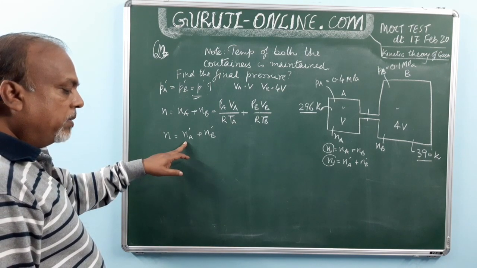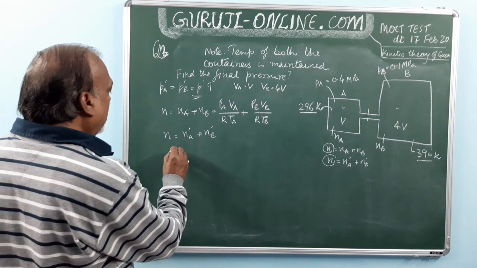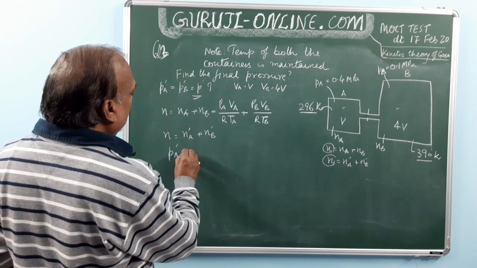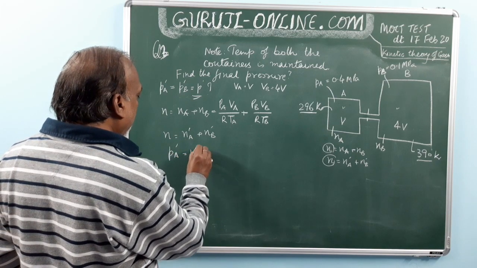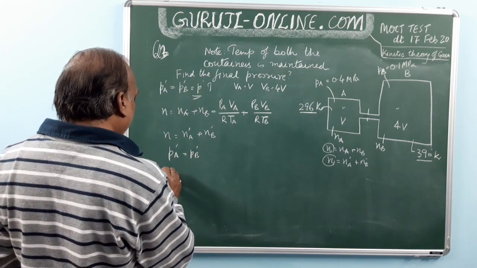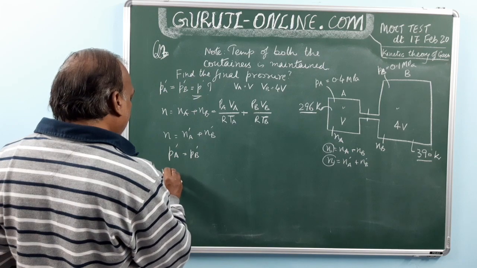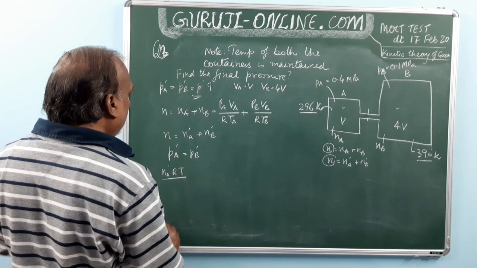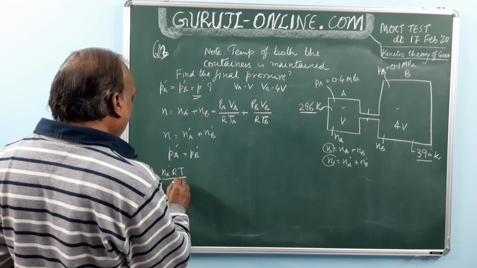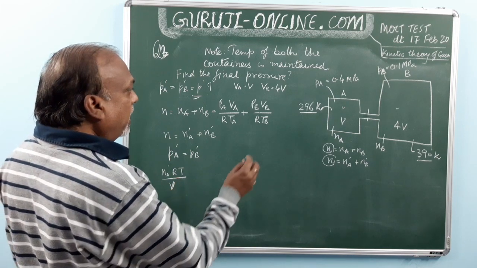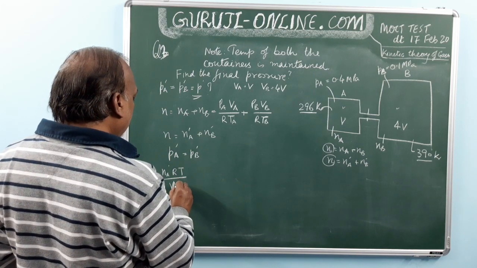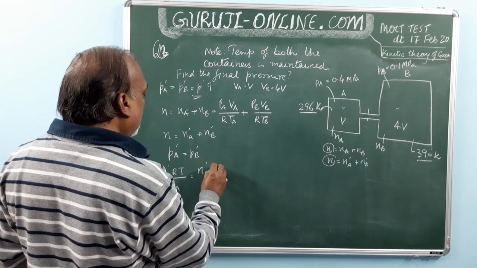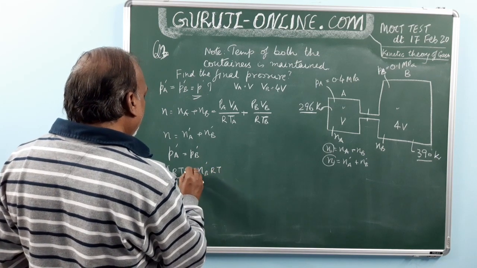This PA dash, and we also know PA dash is equal to PB dash, or we can write it as Na dash into RT divided by V. Now container's volume will not change, so we can write as VA and Nb dash RT.